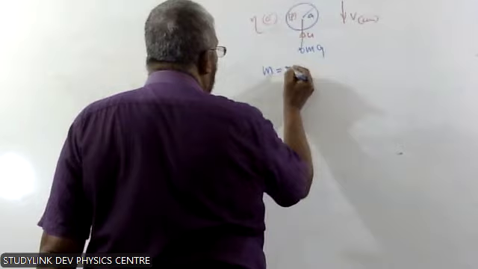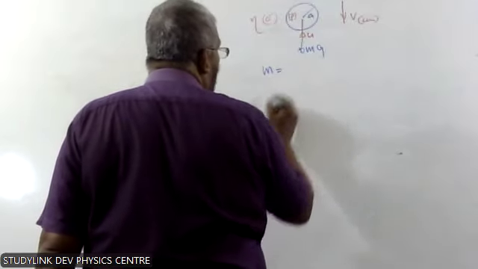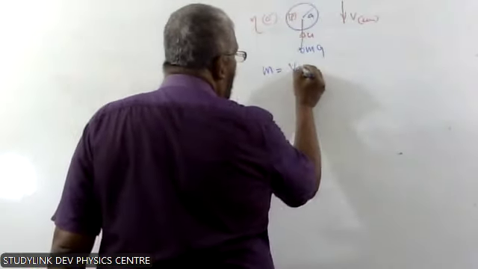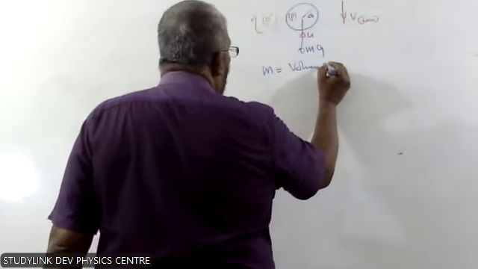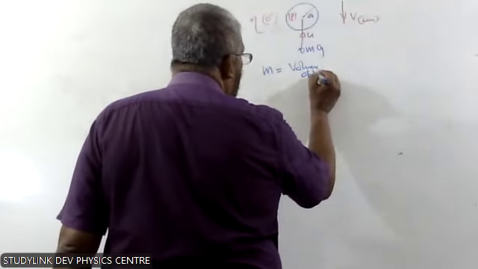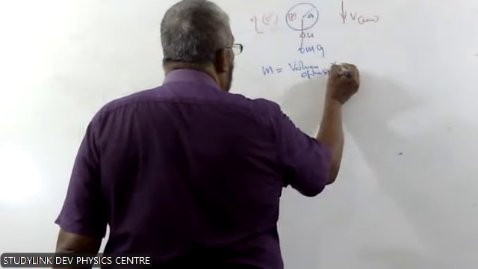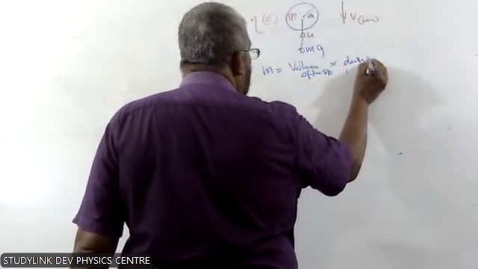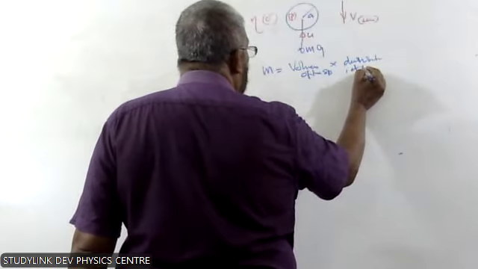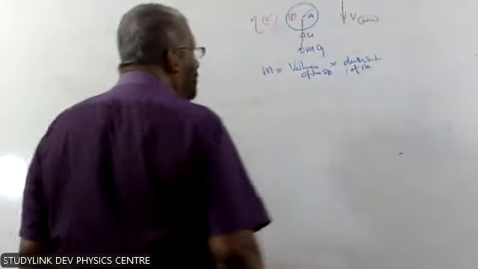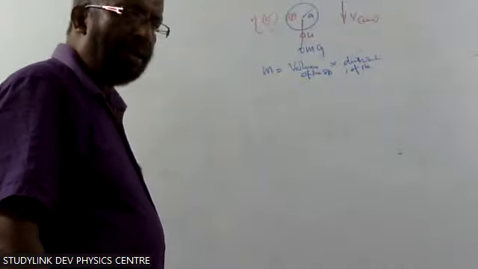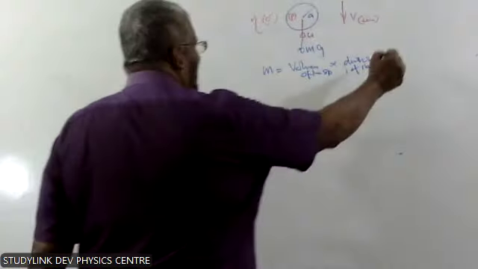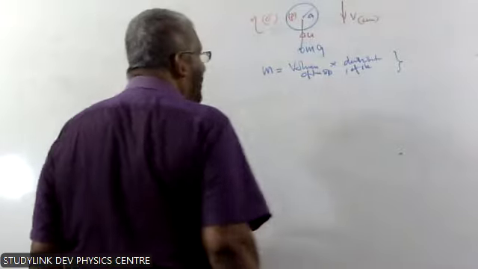You can write the mass of the sphere: m is equal to volume of the sphere into density of the sphere. Actually, this is not to be shown, but you note it down at the exam. If you want, you write it, it won't be a problem.